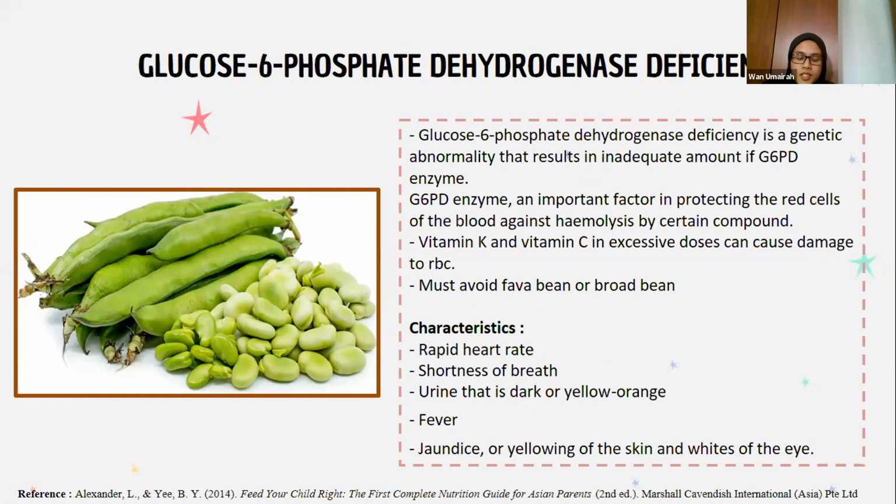So a child who has G6PD deficiency must avoid vitamin K and vitamin C in excessive doses, which can cause damage to RBCs, and they also must avoid fava beans or broad beans. The characteristics that may happen after taking the triggering factors are rapid heart rate, shortness of breath, urine that is dark or yellow-orange, fever, and jaundice.